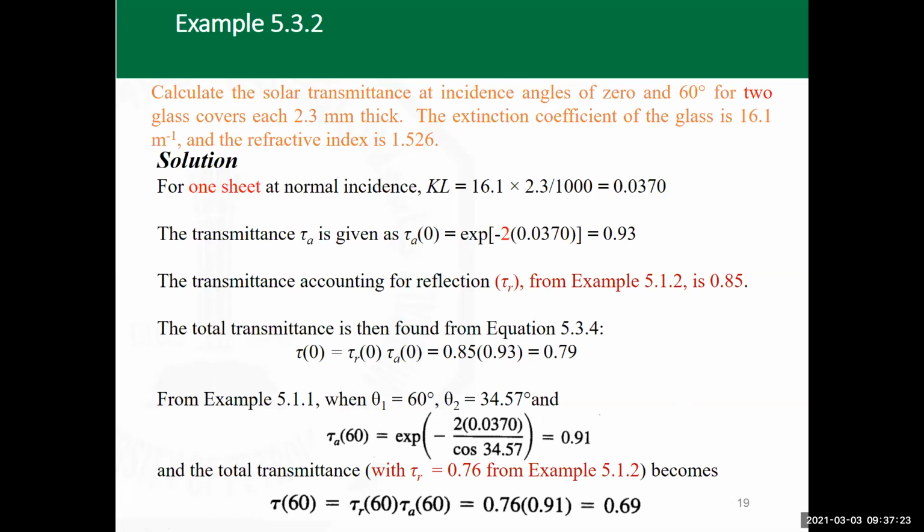In some of the solar collectors, they are coming with a double glass cover, not a single glass cover. The reason for that is trying to minimize the losses to the surroundings as much as possible.